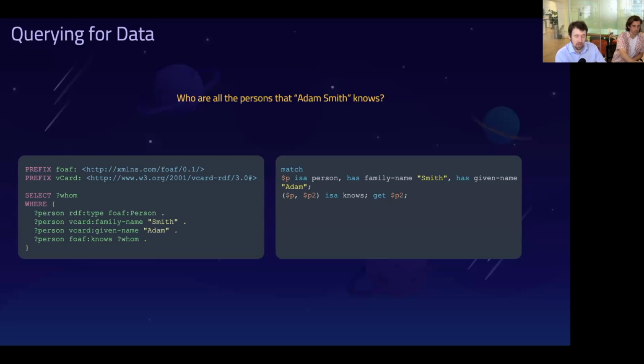And then we say that $p is connected to $p2 in a knows relation. And because we're just interested in getting $p2, which is undefined, we haven't said any type information about $p2, we specifically want to fetch $p2. And that's why with the keyword get, we simply get $p2.